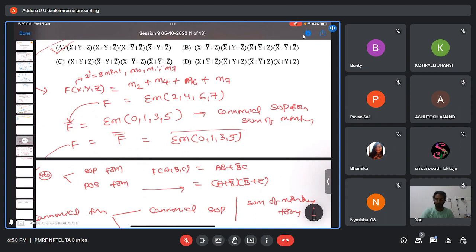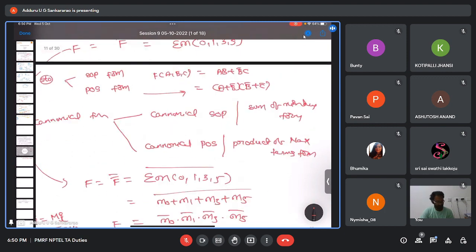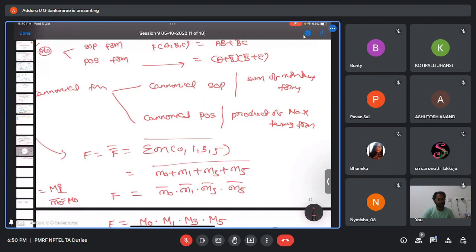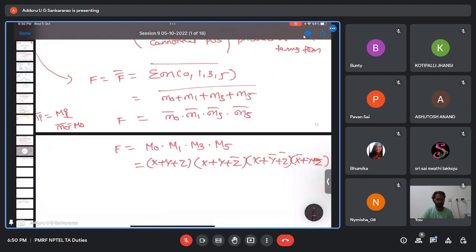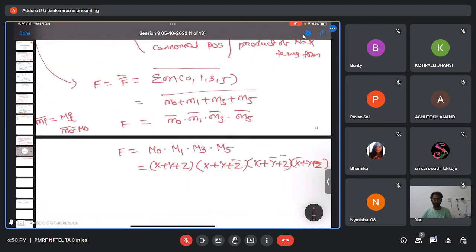Then you take its complement, that means the minterms other than whatever is present in F, which is F complement. Then you take the complement again, which is the same as F. So you apply De Morgan's law, then you know the complement of a minterm equals a max term. In this way we need to convert. If you don't have any doubts from this, we can go to the next problem.